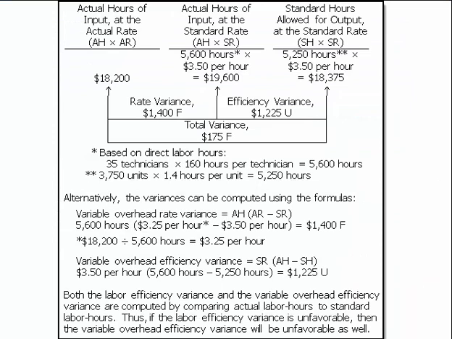Okay, and now we see the variable overhead solution on the screen. Again, using the column approach, actual times actual on the left, standard times standard on the right. So the actual hours times the actual rate, we really don't know at this point, but we know that the total actual variable cost was $18,200. And by the way, that's typically how it works, because what you're doing is capturing various accounts in a general ledger, and you're not concerned with how many units you used, right?